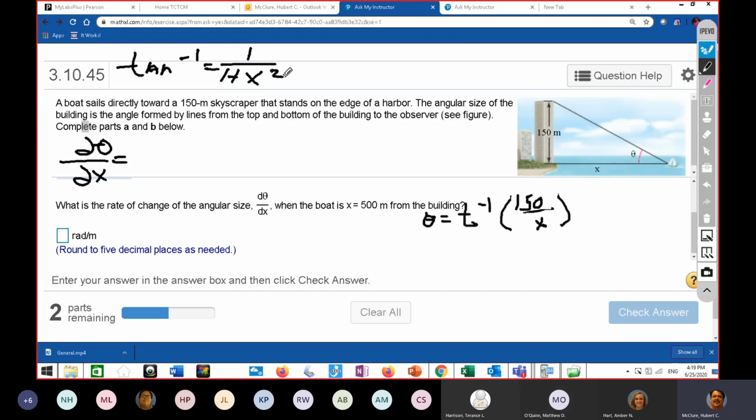And what's in the parentheses? Well, I'm going to just write it like this. I'm going to write 150 x to the negative 1 in parentheses. Therefore, negative 150 over x squared is our derivative of what's inside. So now it's just plug and what? Simplify. Y'all getting used to that plug and chug, ain't you?